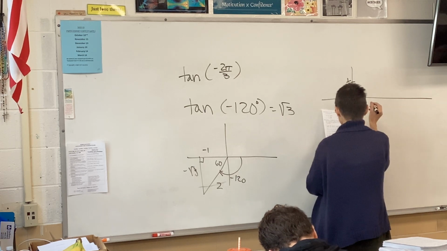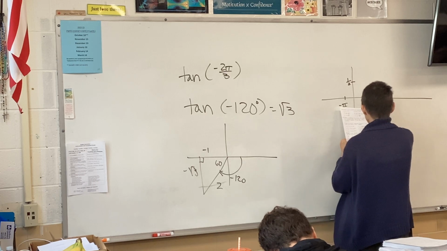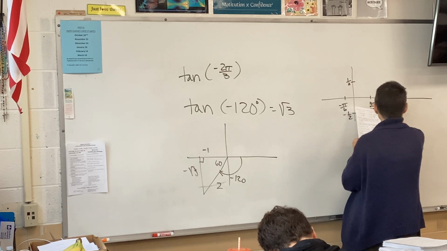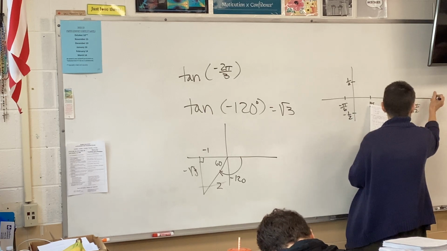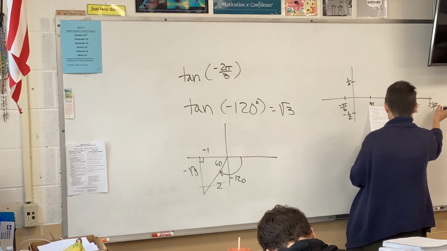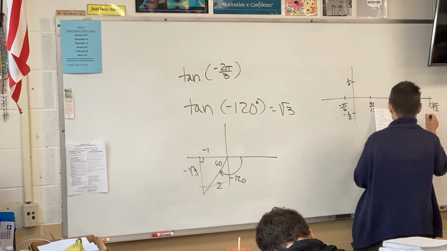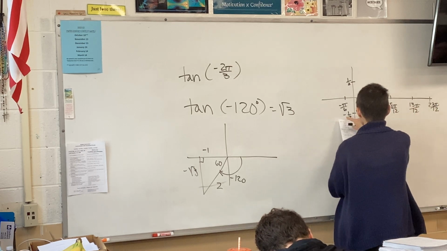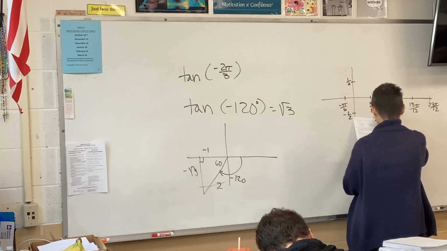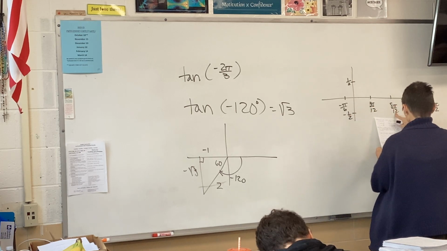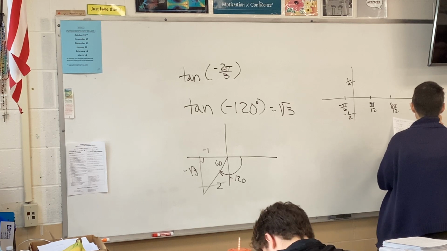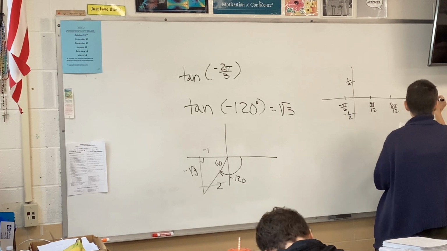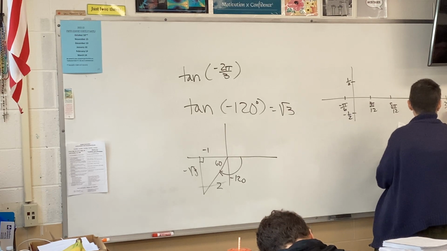All right, so here we're going to write the equation. Wait, I missed something. This is negative pi over 6. This is 3 pi over 12. 8 pi over 12. 13 pi over 12.